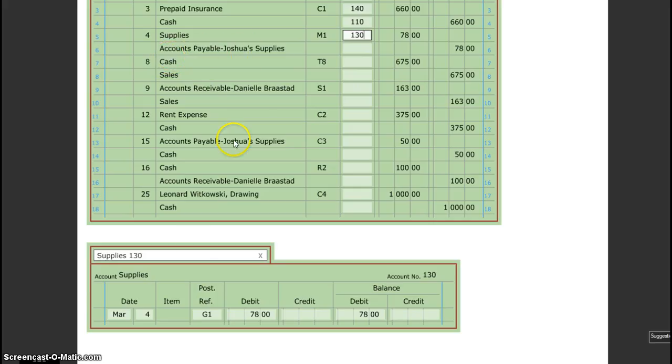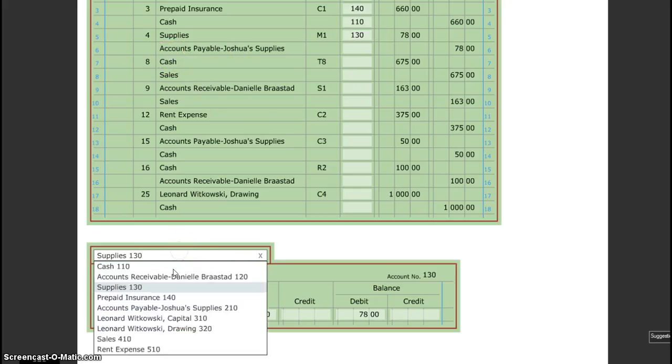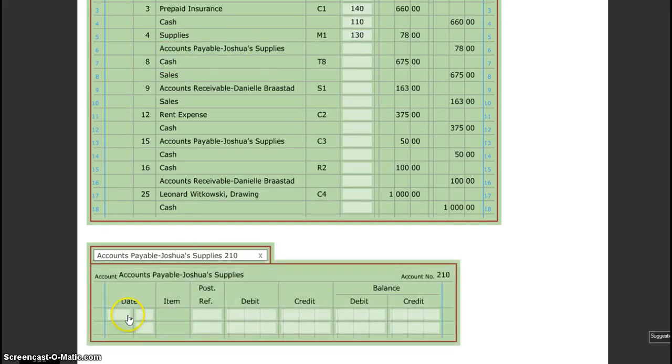Next one, accounts payable, Joshua Supplies, same thing, go to your accounts payable, Joshua Supplies, place the date, March 4th, post reference G1, and it's a credit for $78. Place the reference number in the reference column.